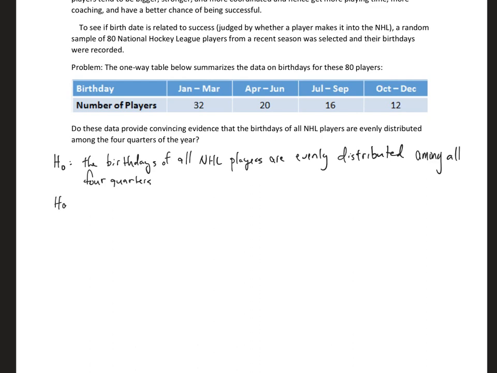And the alternative is the birthdays of all NHL players are not evenly distributed.